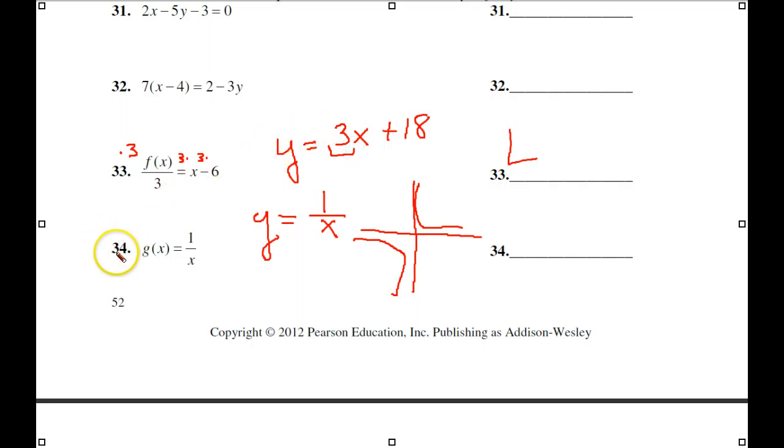Now, for number 34, even though there's no exponents, having the x in the denominator makes it non-linear. So this is non-linear, and we can't determine the slope of that.